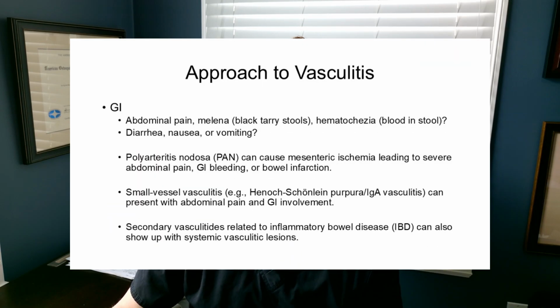GI symptoms are kind of unique to vasculitides. So if the patient has abdominal pain, melena, hematochezia, diarrhea, nausea, or vomiting, if they're positive on any of these, it really limits which disease process it can be, because not many of these vasculitides actually affect the gastrointestinal tract. So this would point more to Henoch-Schonlein purpura.